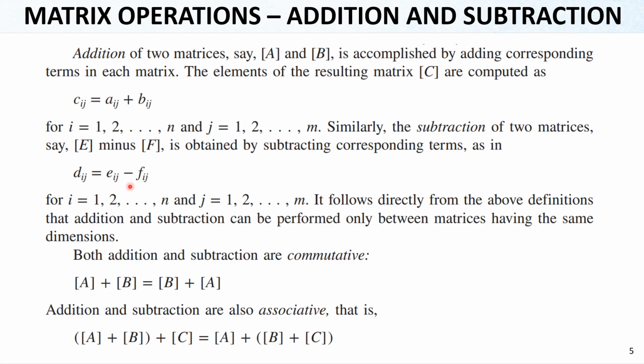We subtract each term individually. These have the same features as the addition and subtraction of regular numbers. So A plus B is equivalent to B plus A, as well as we have the associative feature: A plus B then plus C is equivalent to B plus C then plus A. So we can use these two features for the matrix operations as well.